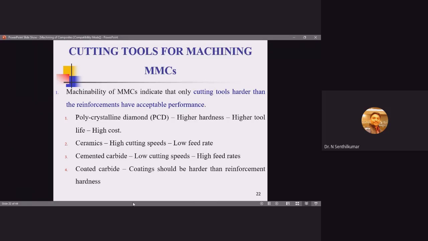These cemented carbides are uncoated. If I want some performance to be improved, then I can give a coating. In the simulation studies also, after defining the workpiece and the cutting tool, there is an option for coating. The coating may be a single coating or a double coating. Whatever we require, we can provide.